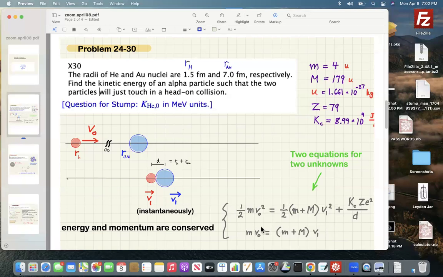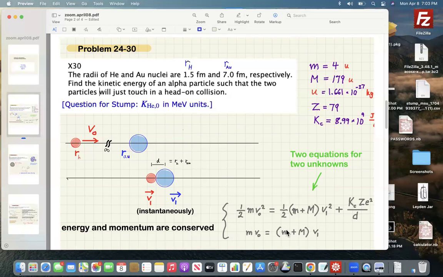So here's the equation for conservation of momentum. Little m is the mass of the alpha particle. v0 is the initial speed of the alpha particle. That's the initial momentum.